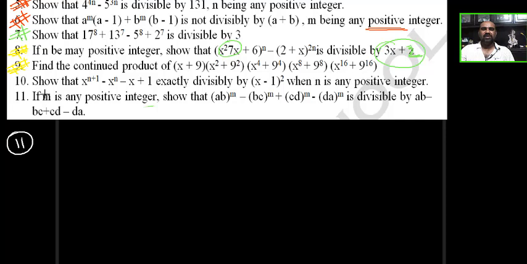m being any positive integer, then show that this is divisible by something.